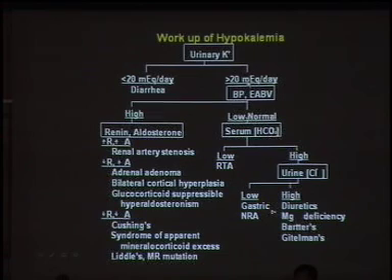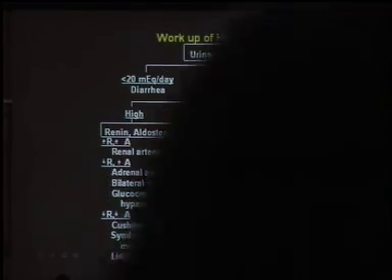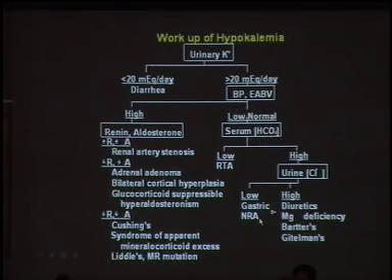If it's more than 20 mEq per day, then you would see whether the blood pressure is high or low. If the blood pressure is high, then you think about aldosterone because it's high volume, high renin, and goes down this path. If the blood pressure is low, the volume is low, then you think about diuretics and vomiting, for example, and you would differentiate this using the urine chloride.